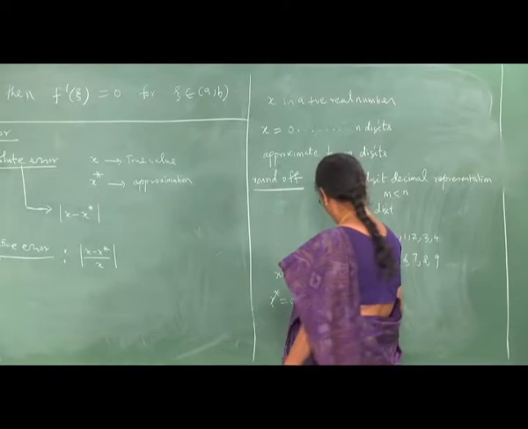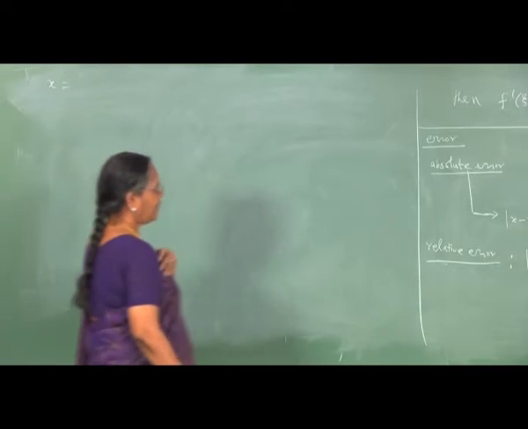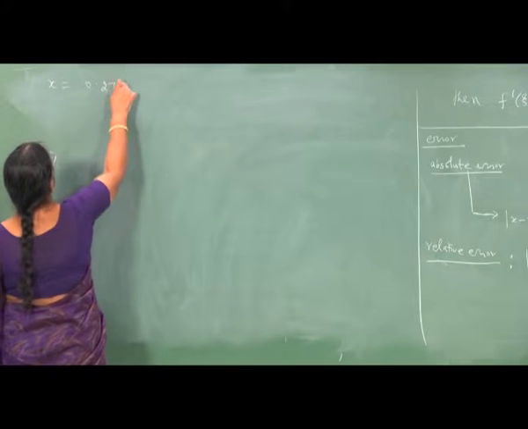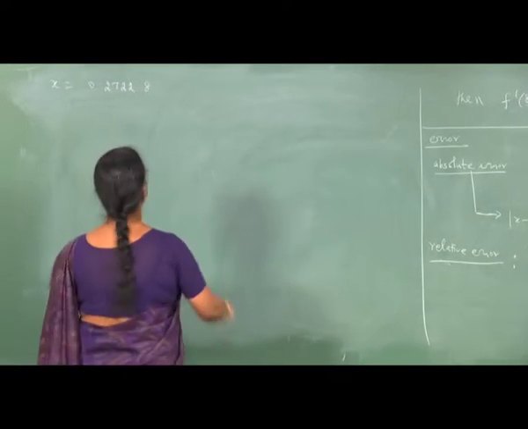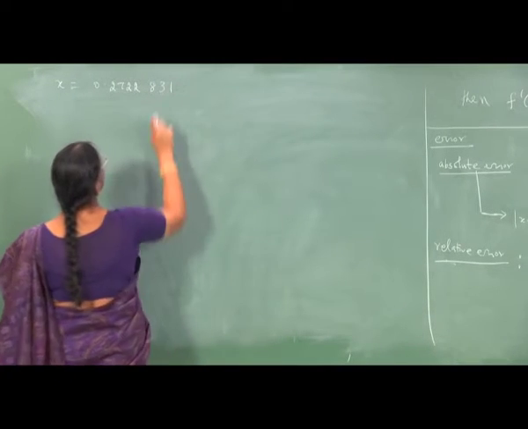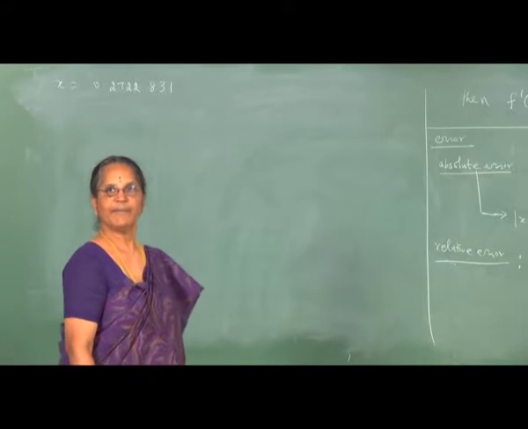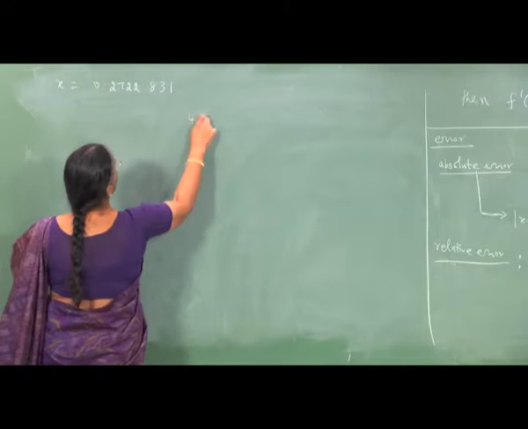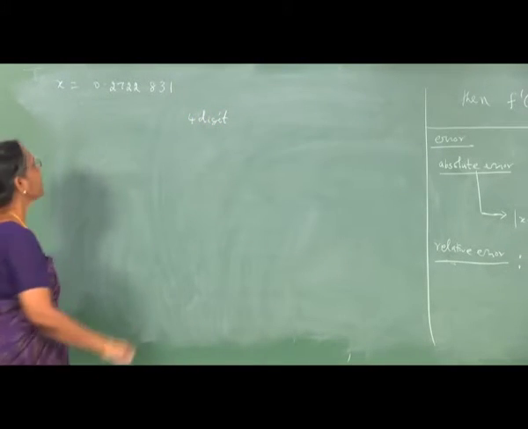Say, on the other hand, x is given by 0.2722831. Again I have a 7 digit decimal representation of a number x, and I require a 4 digit rounding of this number.